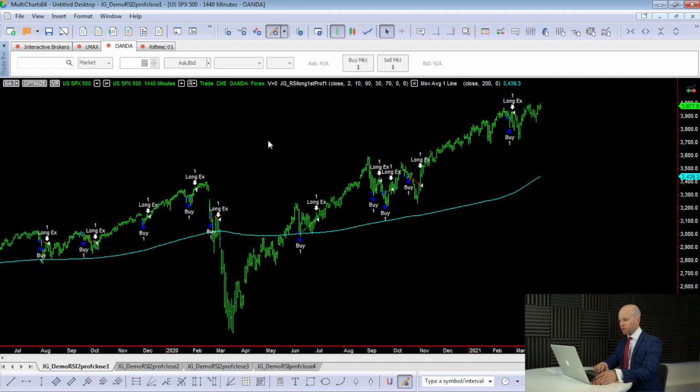So let's go over to the computer and get into the strategy and have a look at this new exit idea that I want to show you. Looking at this first workspace, we can see a load of trades on the chart.